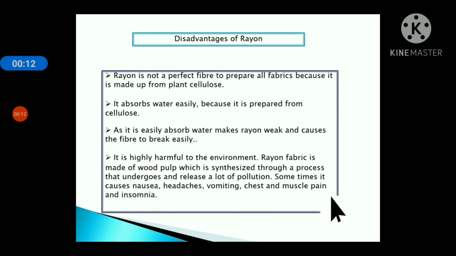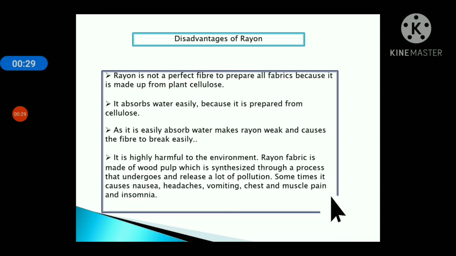Okay children, disadvantages of rayon. Rayon has advantages and disadvantages also. Rayon is not a perfect fiber to prepare all fabrics because it is made up of plant cellulose. It absorbs water easily because it is prepared from cellulose.